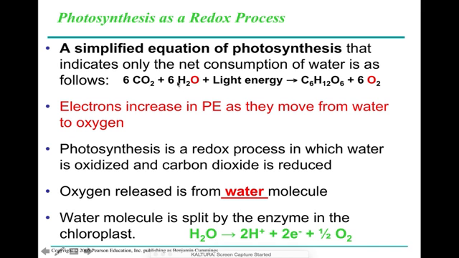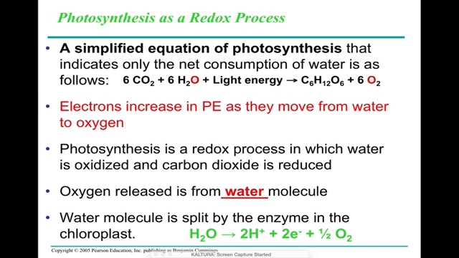So remember, 6 carbon dioxide, 6 water, and light energy will give 1 glucose and 6 oxygen molecules. There's no ATP shown here, but yes, ATPs are formed in order to make energy-rich glucose. I'll show them later. But in the equation, don't write it. It's not represented in the equation. I want you to remember one thing for the test.